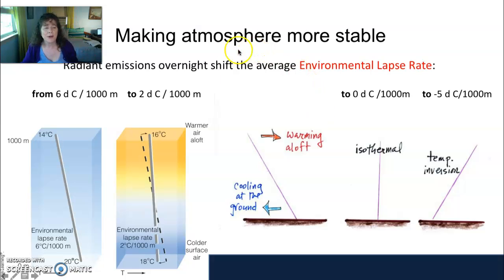That environmental lapse rate can go from a normal of about 6 degrees Celsius per 1,000 meters all the way to an inverted -5 degrees Celsius over 1,000 meters. I know that the negatives don't seem to make sense. You've got to think about it, but keep in mind that the important thing in here is when you chill the ground and heat the atmosphere, you are tilting the environmental lapse rate to a steeper level, and the steeper level can even go over to a temperature inversion.